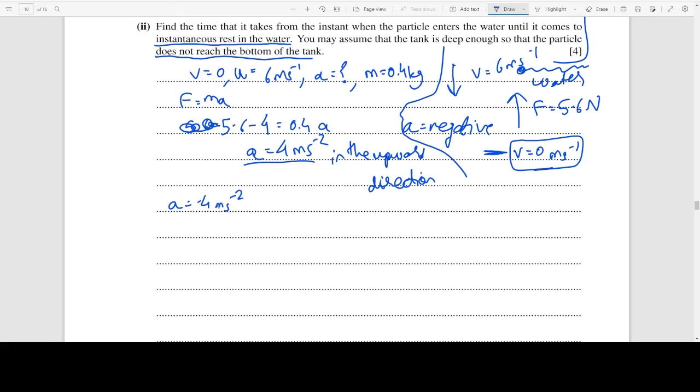So we can just use v equals u plus at. So t equals v minus u upon a, which is 0 minus 6 divided by minus 4, which is 1.5. Yeah, 1.5.